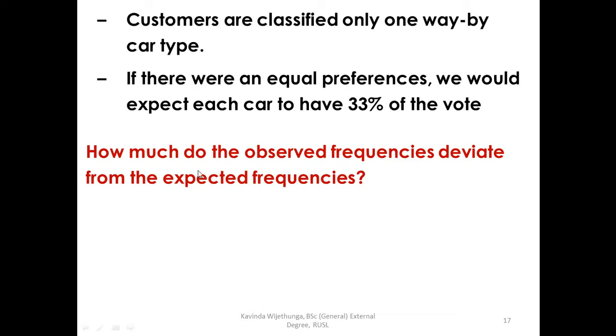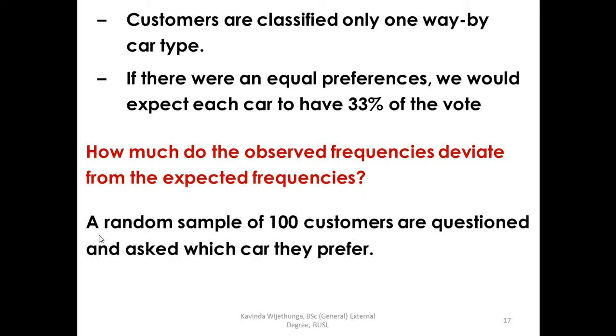Based on this research question, we can write the null and alternative hypotheses as explained earlier. The null hypothesis: there is no significant difference between the observed frequencies and the expected frequencies. The alternative hypothesis: there is a significant difference between the observed frequencies and the expected frequencies.